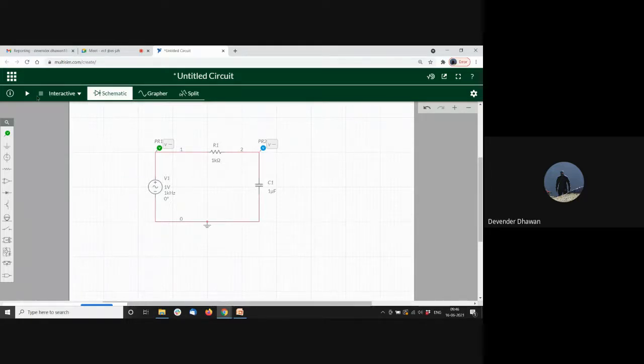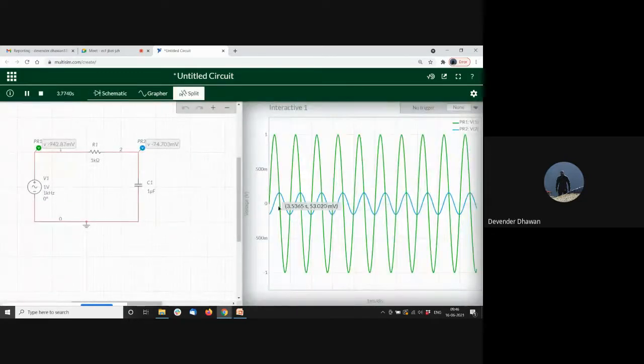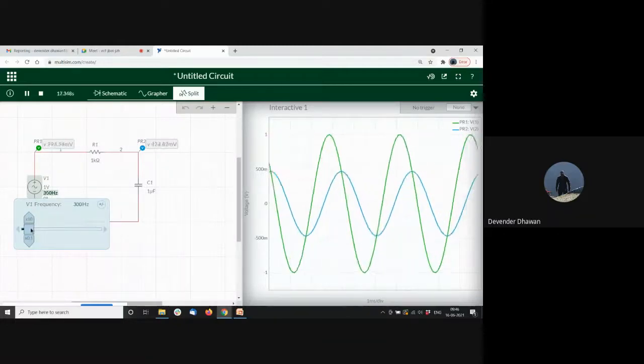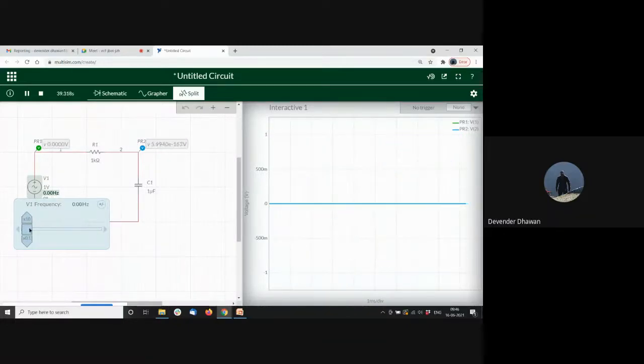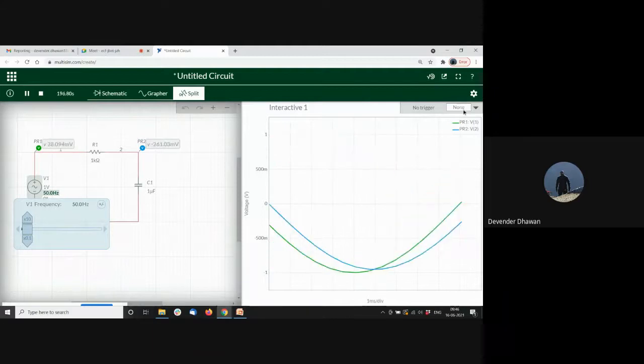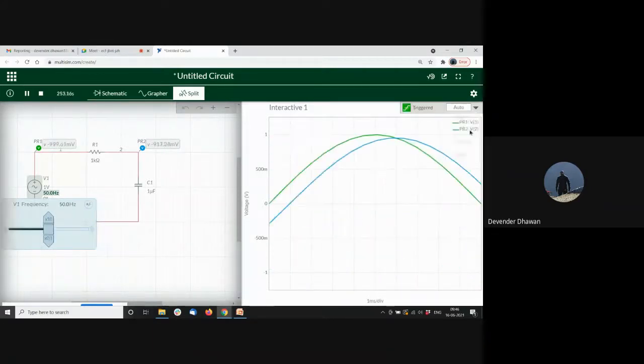So if I run this particular circuit and open the graph, you can see the waveform. The blue one is the output. Let me start with almost 0. If I try to increase it, at 50, you can see that they are almost same here. Let me give you a trigger. They're almost same at 50.